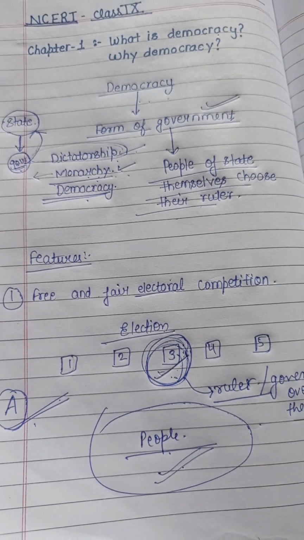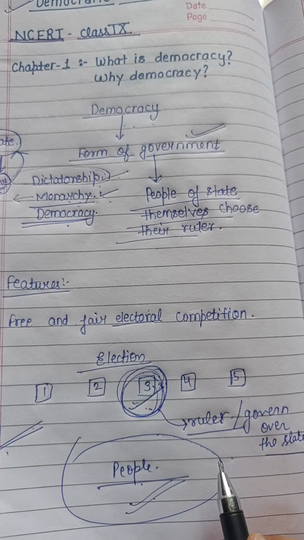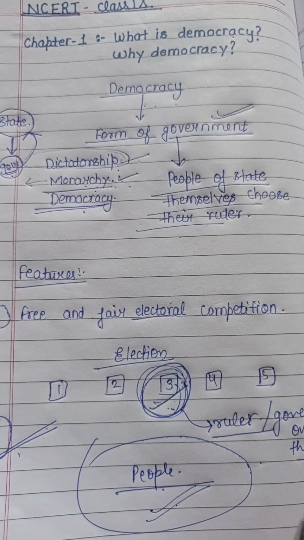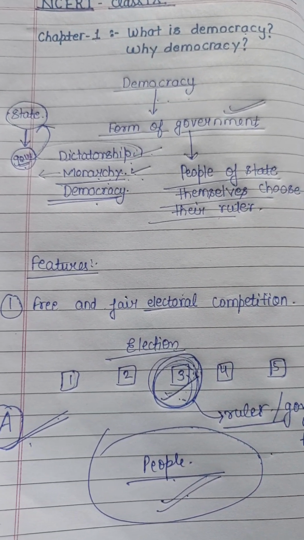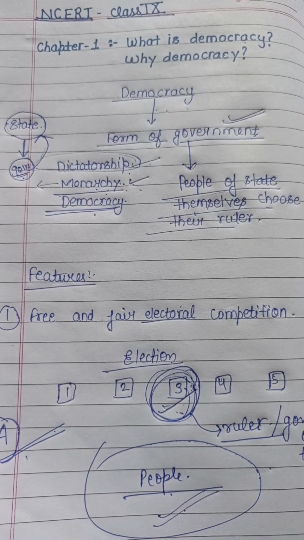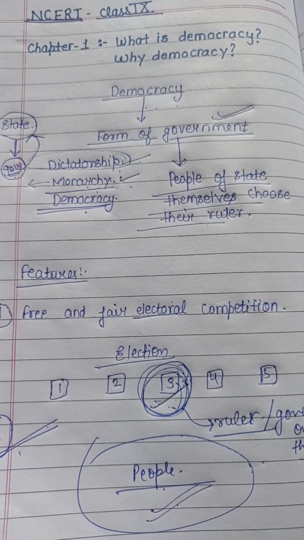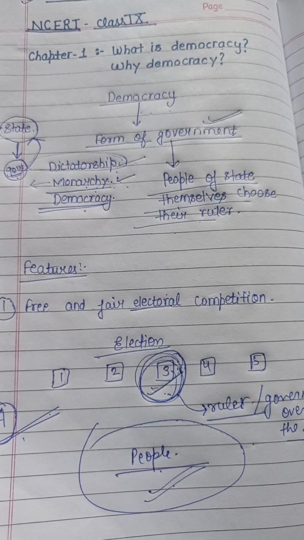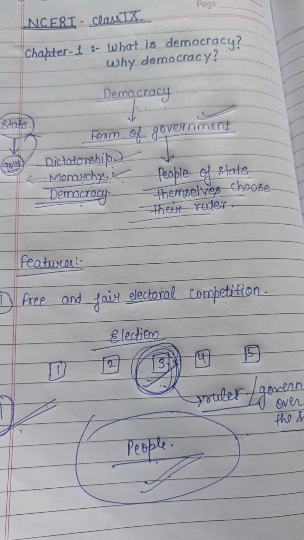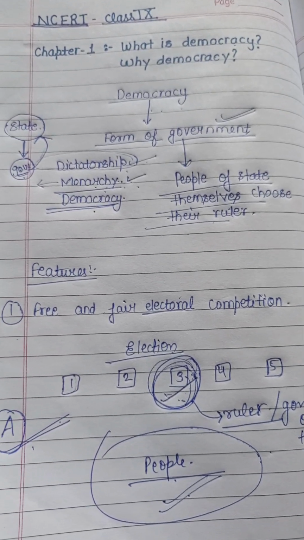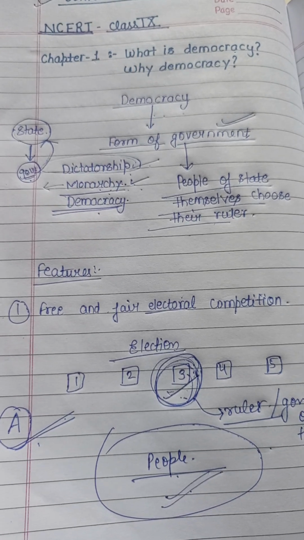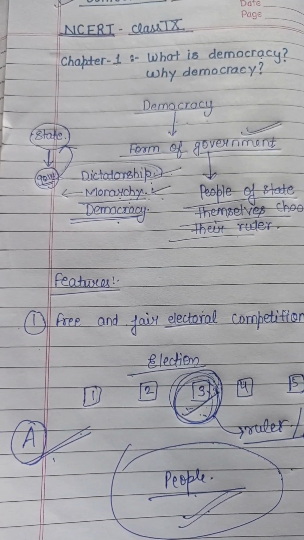So if it is happening that although elections are taking place regularly and fairly, with no unfair means used in the electoral competition, and those who win still do not get power to speak upon any matter or take decisions, then there is no sense to it.